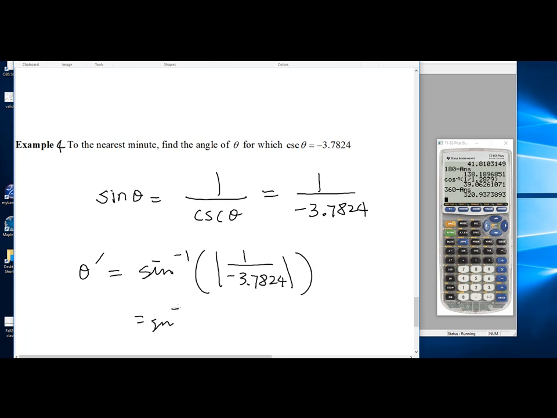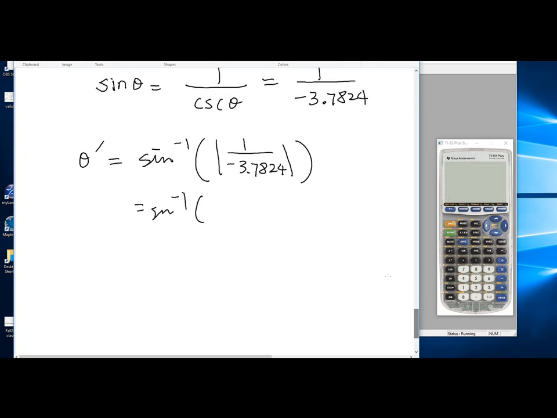So you would enter second sine inverse of 1 divided by positive 3.7824. And it's giving me the reference angle as 15.33 degrees.